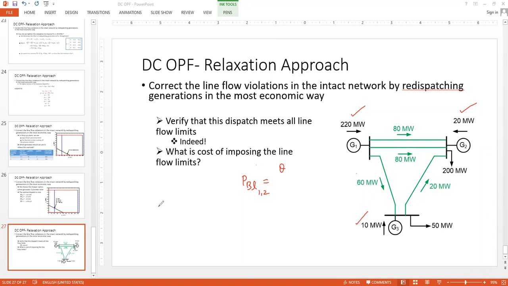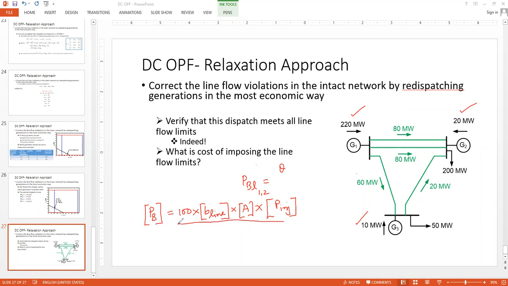The PB, the line flow array, is simply the base MVA multiplied by the small b line matrix, multiplied by the A matrix, the node incidence matrix, multiplied by the P injection. So PB means P branch flow.